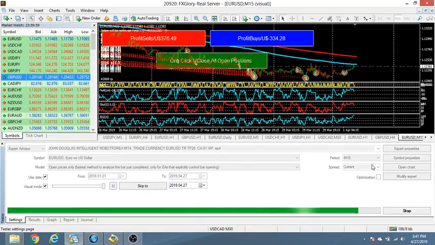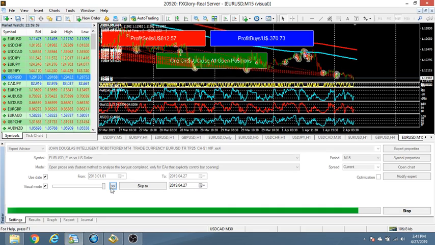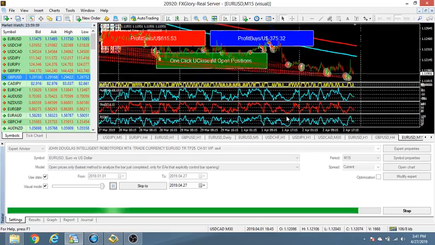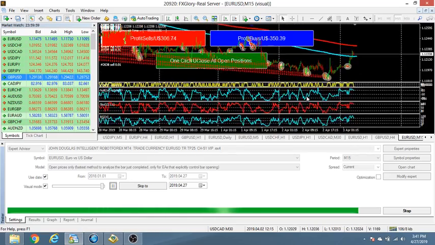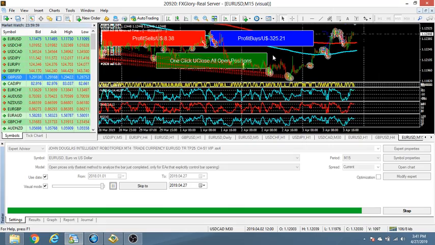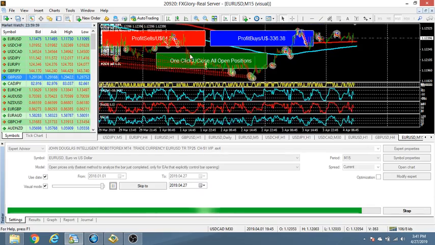And at 15-minute time frame, you can see how this thing behaves in the real market. It opened like crazy. Look at the numbers, positive, negative, very quick and close.